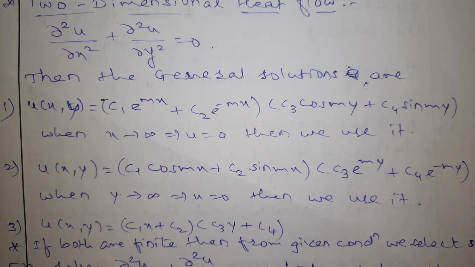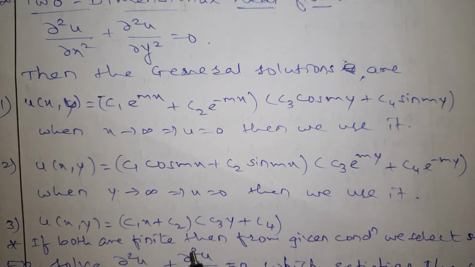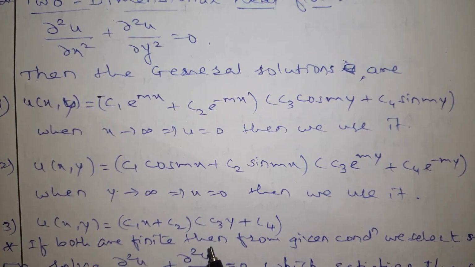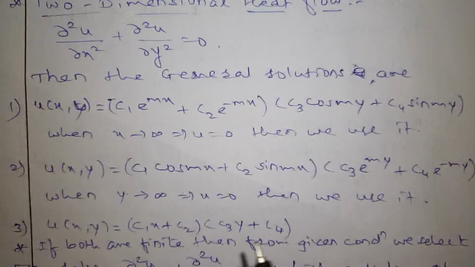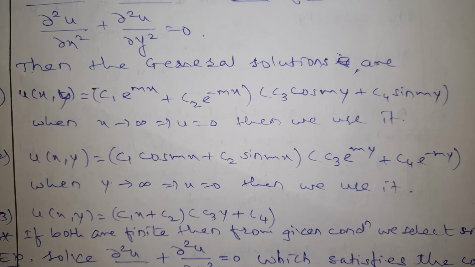That is trial and error. Third one, simple: if I take m equal to 0, then u of x,y is equal to (c1 x + c2)(c3 y + c4). And if both are finite, then we will use the trial and error method, or from the given conditions we will select the solution.